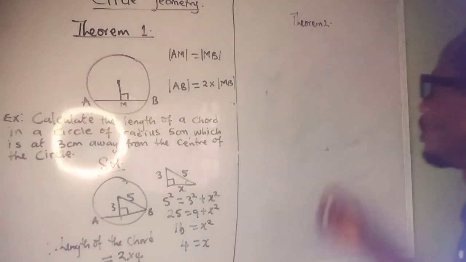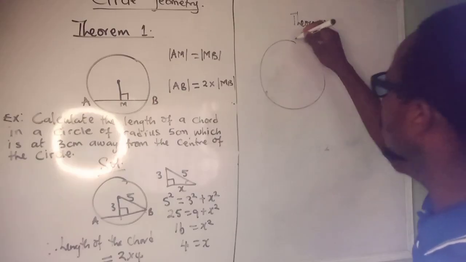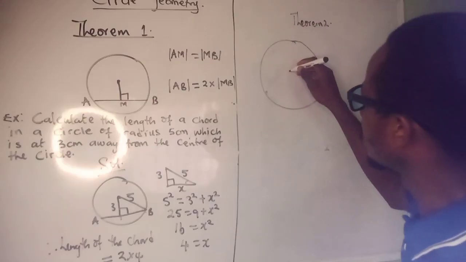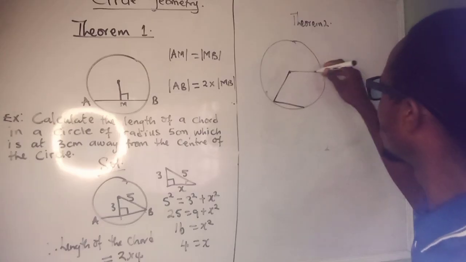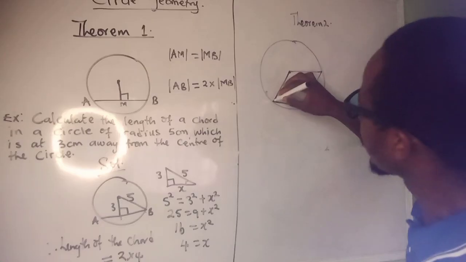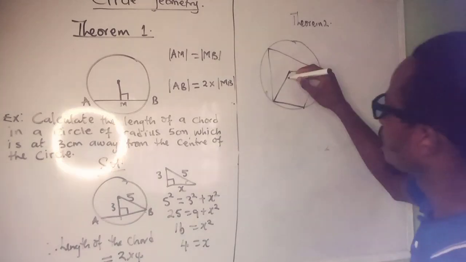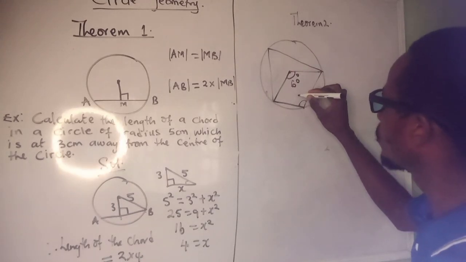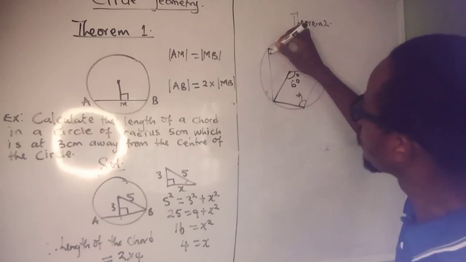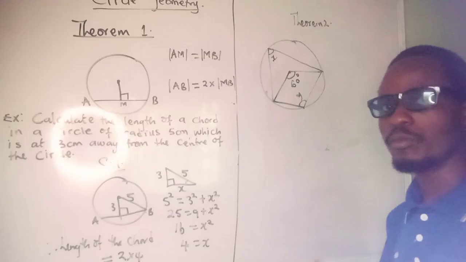So now, if I have this kind of diagram, so then I have this and I have this. Good. So if I call this angle 60 degrees and I want to find this angle y and I want to find this angle x, it is quite easy to find them.